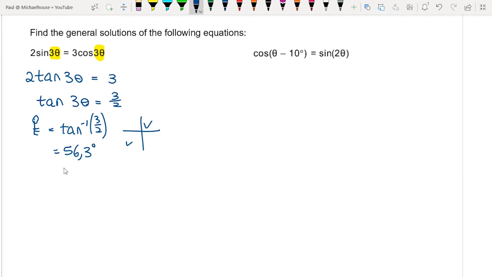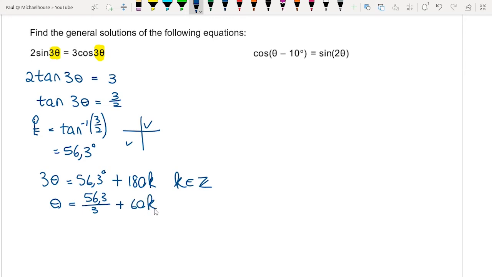So in fact, our solution is that 3 theta is 56.3 degrees plus 180k, 180k because it's tan, k an element of Z. Don't forget that we still need to divide both sides by 3. So we're going to get 56.3 over 3 plus 60k. And that will be our general solution.